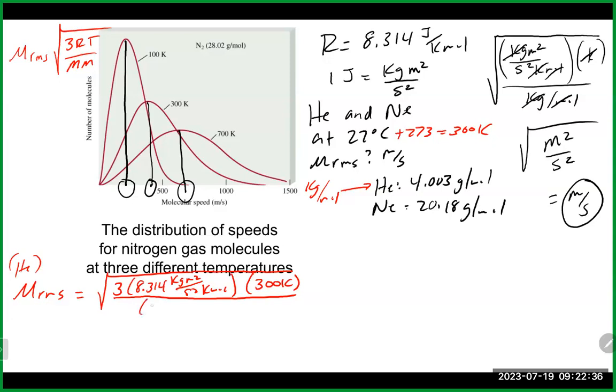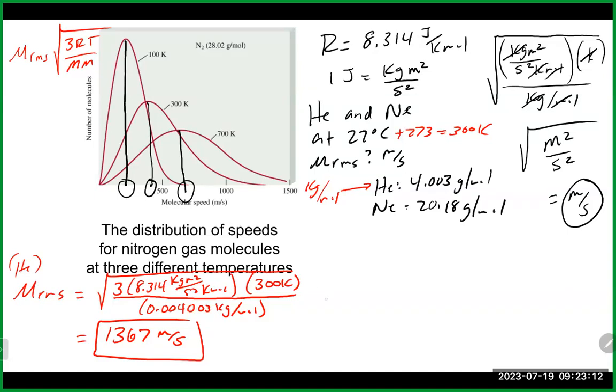That gets us 0.004003 kilograms per mole. If we do all that, 3 times 8.314 times 300 divided by 0.004003, and then not forget to take the square root, we end up with about 1,367 meters per second as the root mean square velocity, or how fast basically our helium is moving at 27 degrees Celsius. Any question on that calculation there?